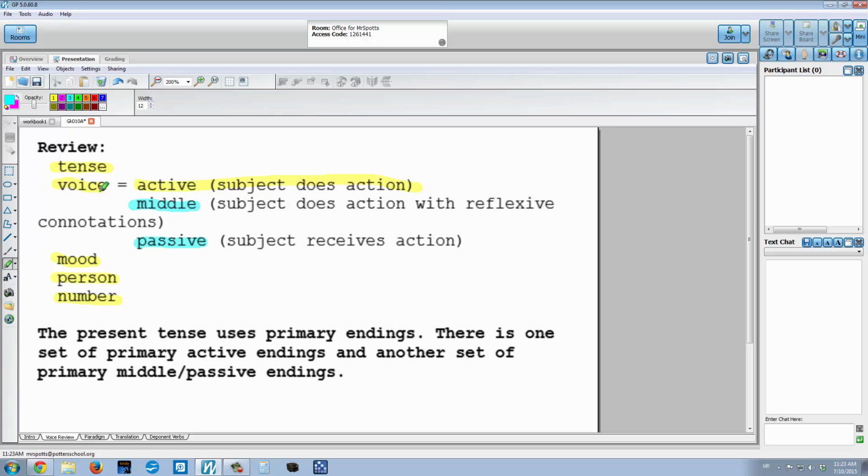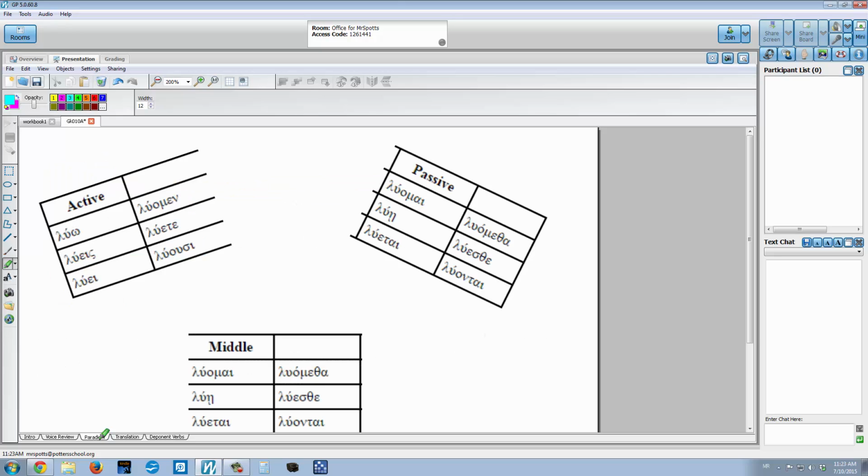And that's how you're going to tell the voice of those verbs. Let's take a look at it. In the present active indicative, over here, we see those endings, the primary active endings, o, eis, ei, omen, ete, ousi. There, you remember those.